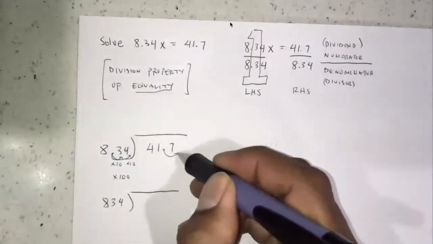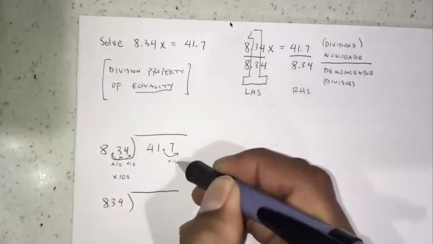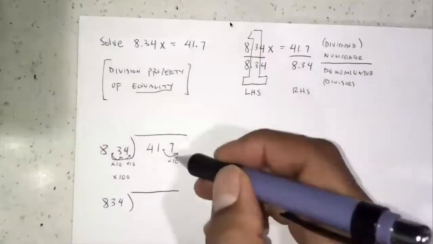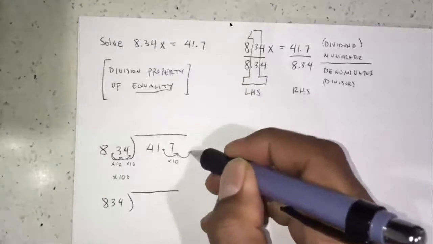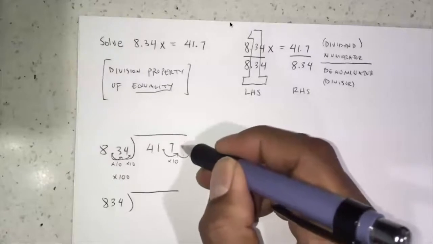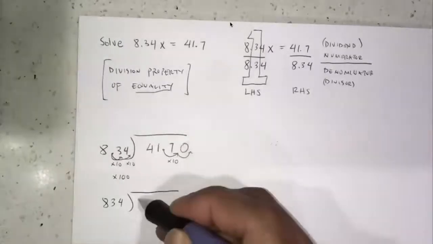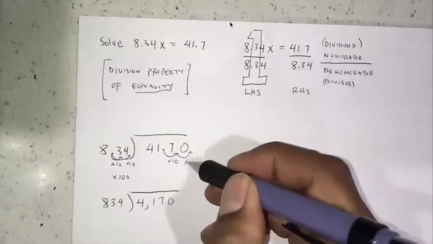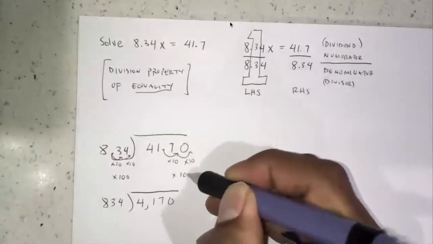Oh, what happened here? I'm only able to move it once. What happens if I move it again a second time? What must I put here? I must annex the 0. So this becomes 4,170, because I moved it twice, so it has to be multiplied by 100.